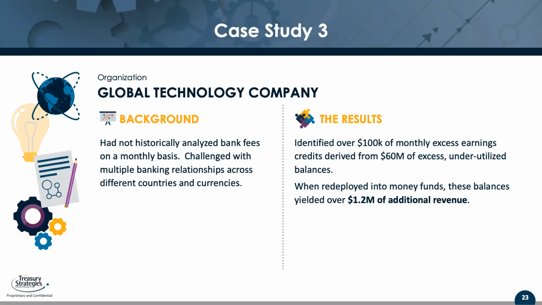In running the math, that translated to roughly 60 million of excess unutilized balances. When they redeployed those balances into money funds, that yielded, over the course of a year, an extra 1.2 million of additional revenue. So just massive results, which can be identified by going through these types of bank fee analysis efforts.